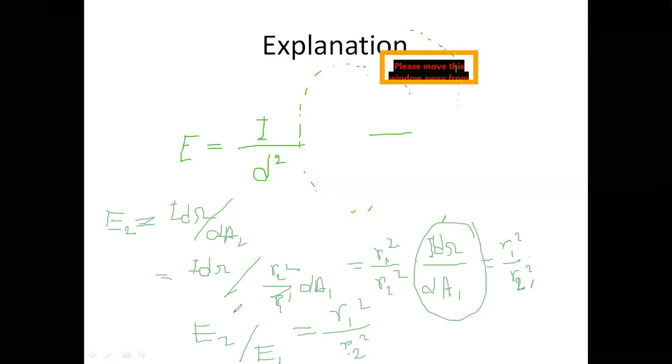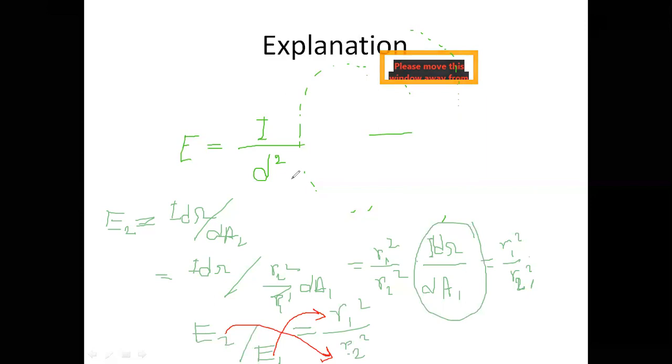So from this equation you can see it is inversely proportional to the distance square. This is the distance square, or the r square. And this indicates the well-known inverse square law or relationship for this point and the source.